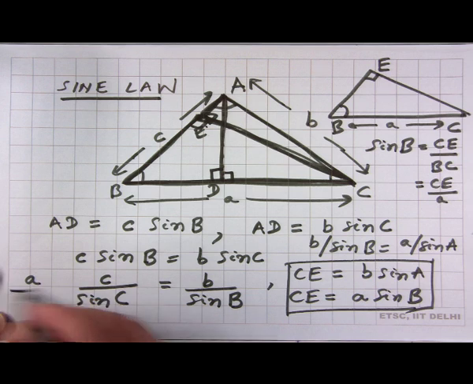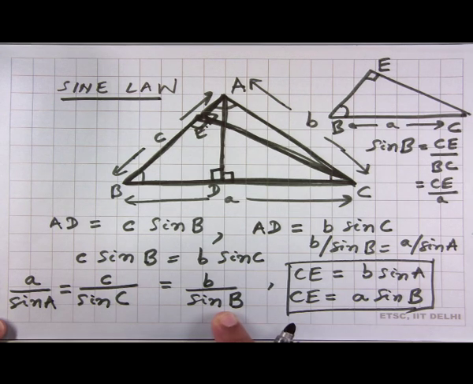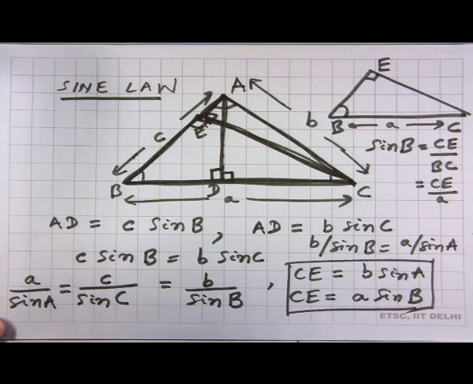So, we can finally write that A over sine A is equal to C over sine C is equal to B over sine B, and this is precisely what is known as the sine law.